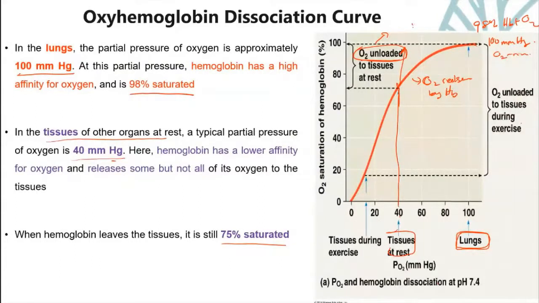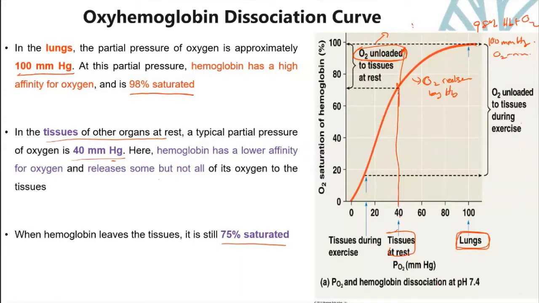So here hemoglobin has a lower affinity for oxygen and releases some but not all of the oxygen in the tissues. When oxyhemoglobin reaches your body tissues, because the partial pressure of oxygen in the tissues is low, this causes the hemoglobin to have a lesser affinity to bind to oxygen.